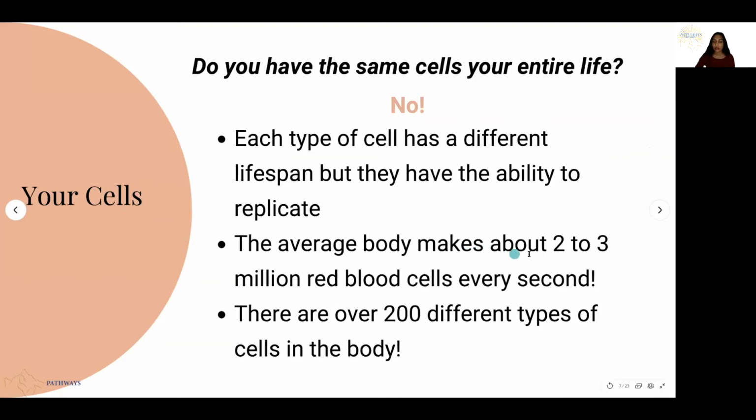The average body makes about 2 to 3 million red blood cells every second. This is just for red blood cells, but there are over 200 different types of cells in the body, each with their own schedule of replication. Some cells like to replicate very frequently. Others have a longer lifespan and take a little longer to replicate. But the cells are always dividing.